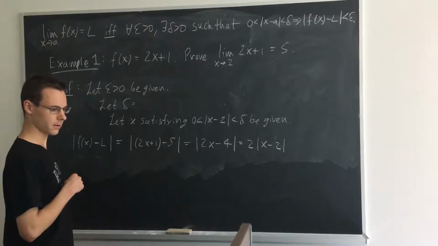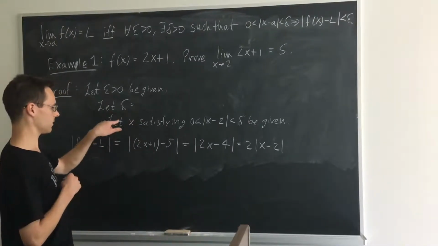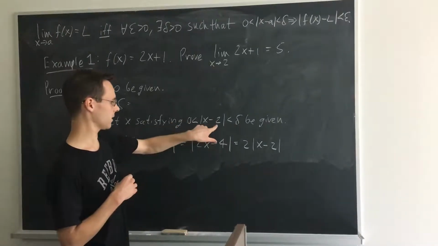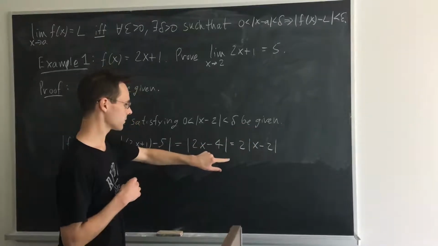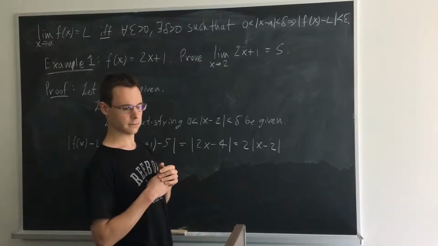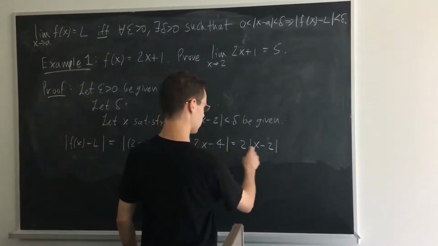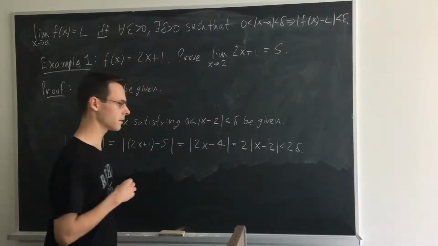And now, we're ready to use the given information. What's given here? x satisfying x minus 2 less than delta is given. Okay? So this quantity, this x minus 2 here, is less than delta. Okay? So this is less than 2 times delta. Okay?